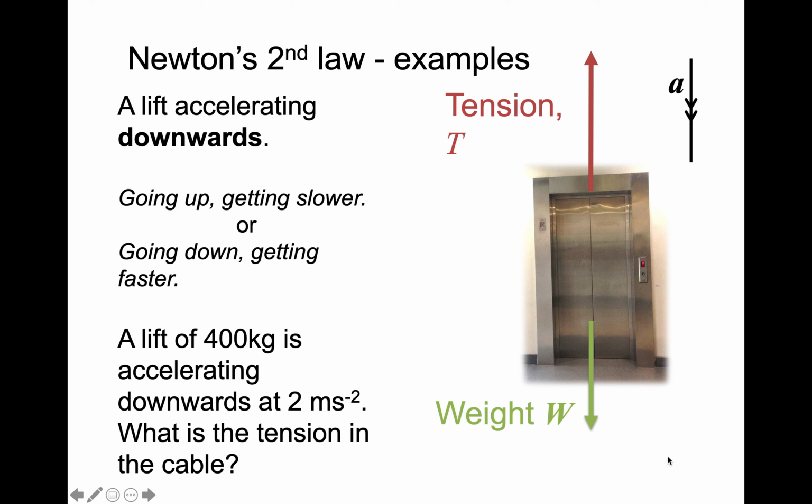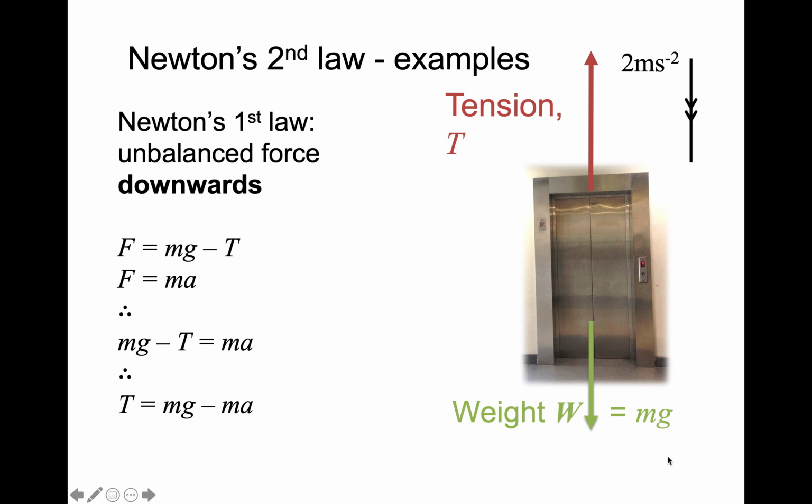Okay, so now the weight is going to be bigger than the tension force, because the overall force must be downwards. So the equation changes to F, the unbalanced force, will equal the weight minus the tension. So F equals ma again. So again, we can combine these, very similar to before, just that slight twist.